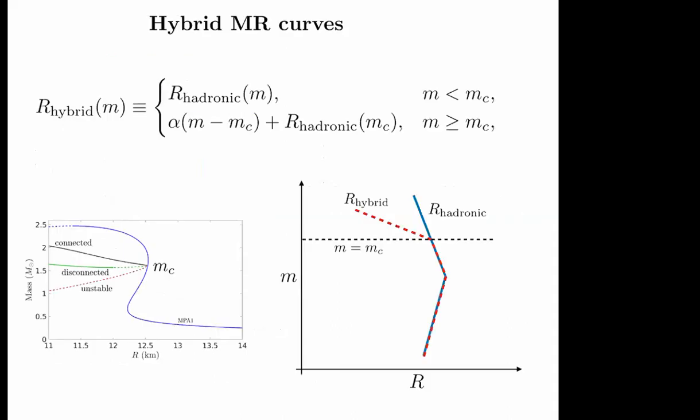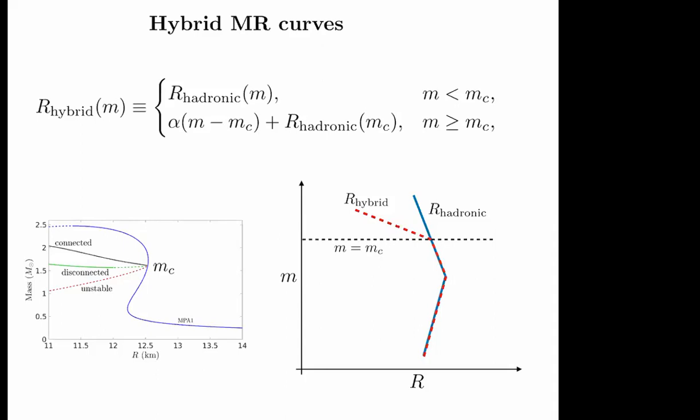For hybrid MR curves, we'll also use piecewise linear approximations. The hybrid curve will be equal to the hadronic curve at m less than mc, which is physically motivated by the fact that there's no quark matter, so the hybrid and the hadronic curve should be the same. And at m beyond mc, we'll just use a straight line.